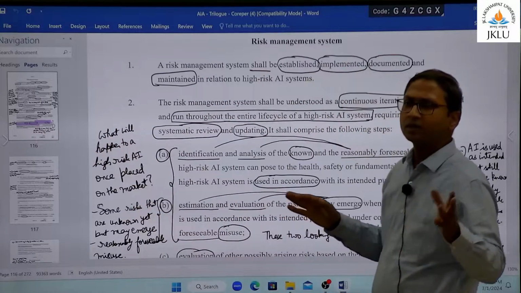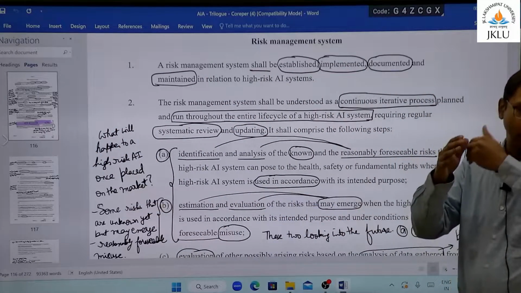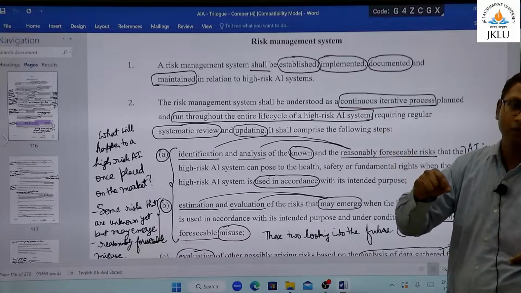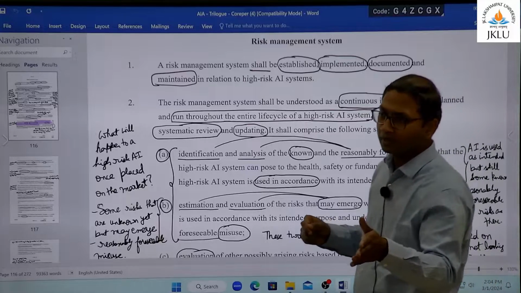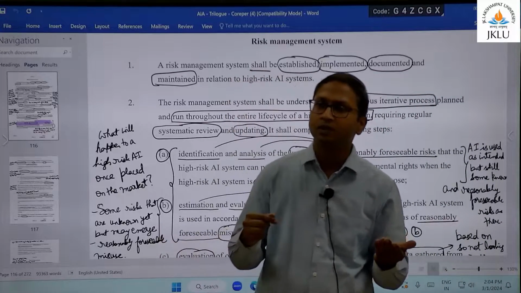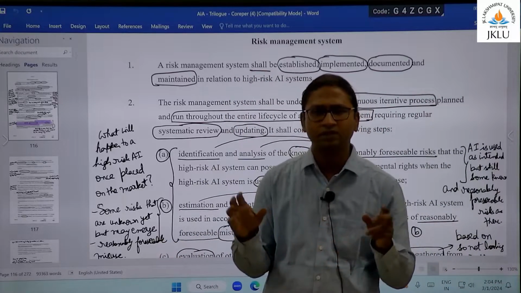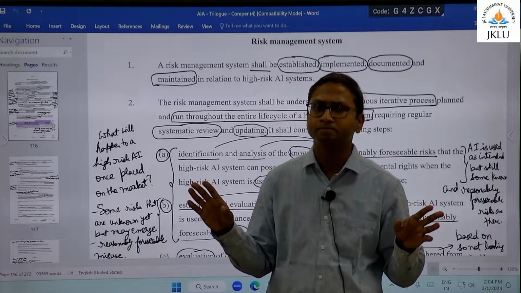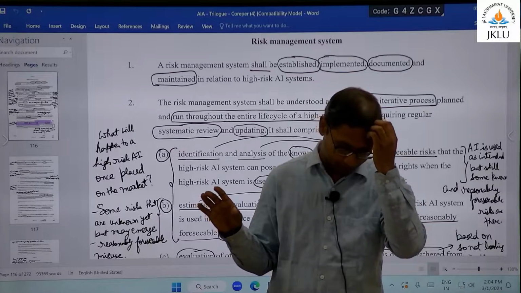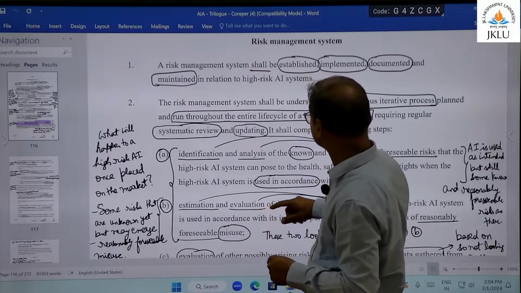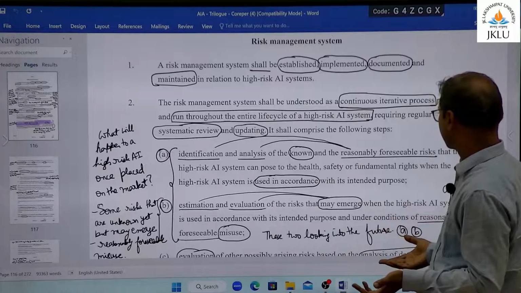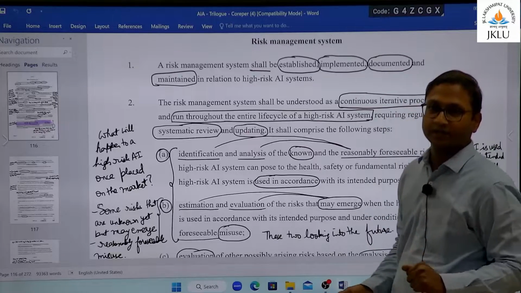And because circumvention of the laws will not be allowed, every other party will be included. For example, the authorized, what was that phrase? Authorized representatives, right.